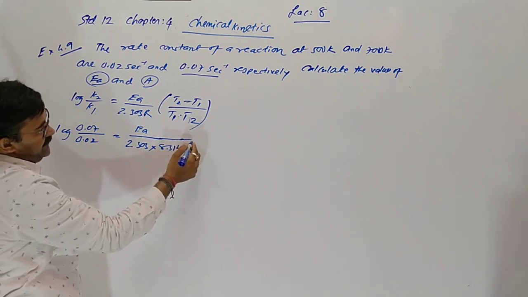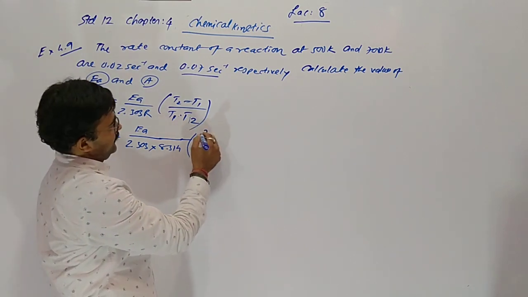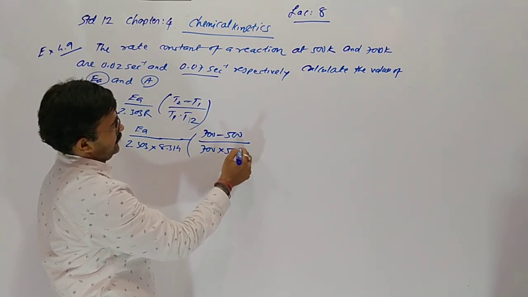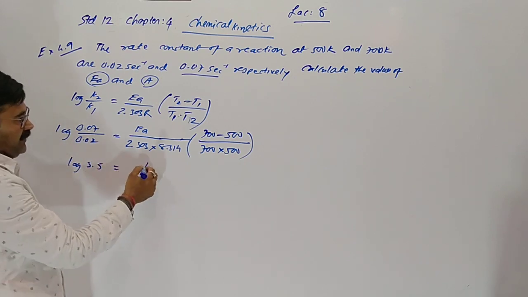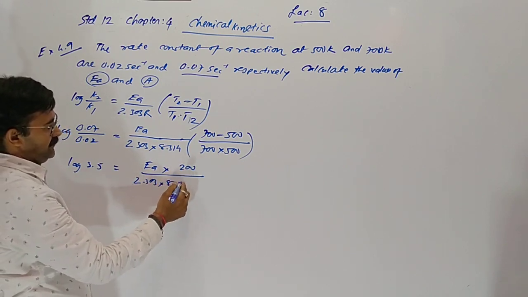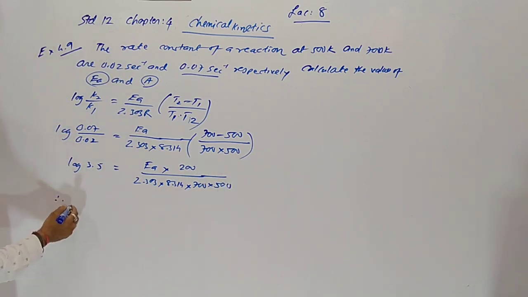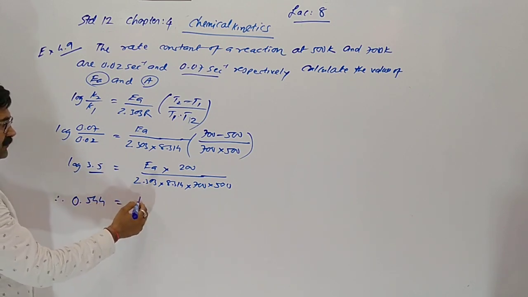The value of R, when we take in joule, so the answer comes in joule. So here T2 is 700, T1 500, upon 700 and 500. Here the division gives log 3.5, Ea over 2.303 into 8.314, 700 and 500. The value of log 3.5 is 0.544.